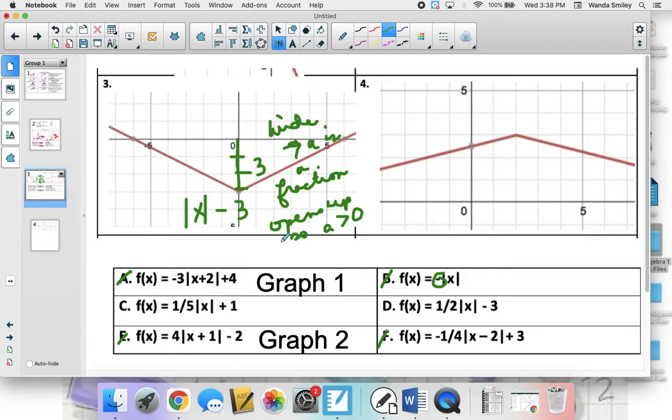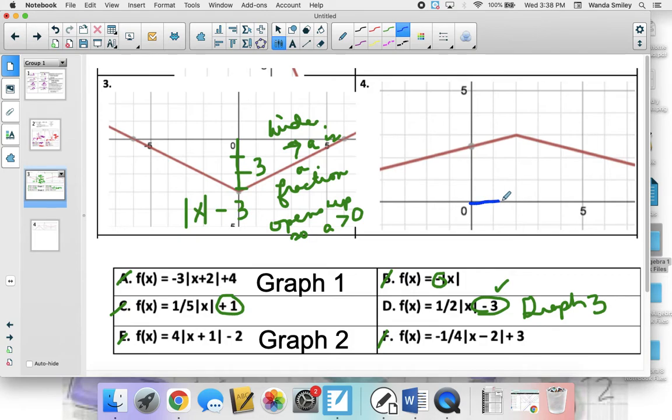We said it's a fraction, so C has 1/5 and D has 1/2. So what's the difference? It's the part on the outside. This one has +1, and this one has -3, and that's the one we're looking for, so it's D and not C. So this one is graph 3. Okay? All right, moving on to 4.